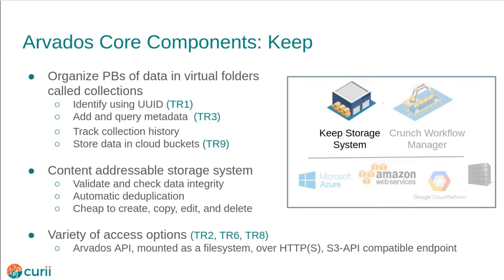Let's talk about some of the Arvados Data Commons features we saw in the demo. Data Commons Technical Requirement 1 is data identification using persistent digital IDs. The Arvados storage system is called Keep. We saw how Keep organizes sets of files into a collection which has a human-readable name, a database UUID, and an immutable identifier based on the data content called a portable data hash.